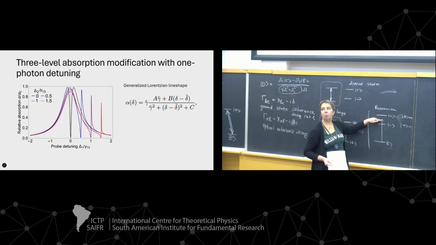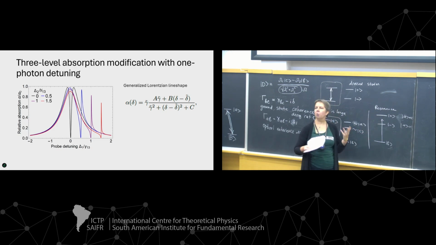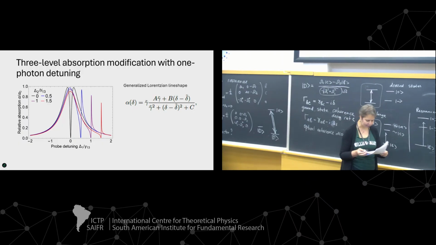That's why the absorption is going to disappear in the middle. Now, honestly, I never found this picture very intuitive. I understand it, but it's not going to help me understand how the system behaves. But I think it's an interesting way to look at EIT as a destructive interference of identical coherent superpositions.